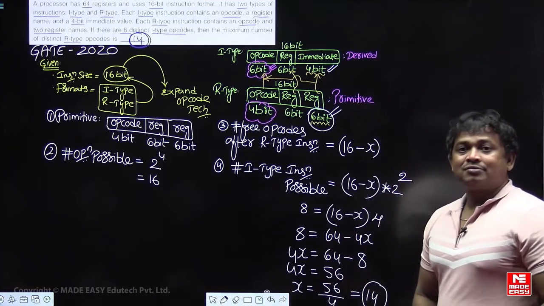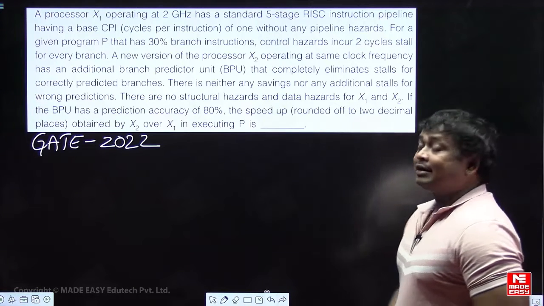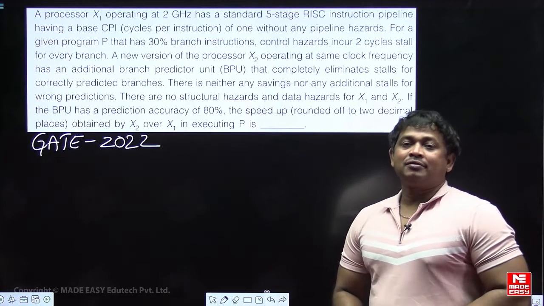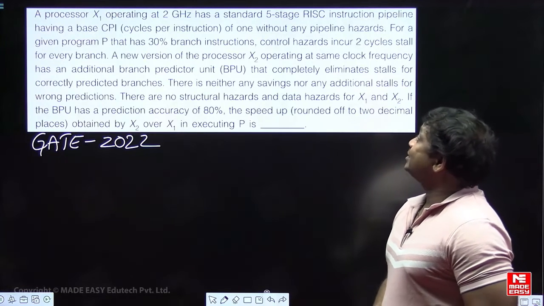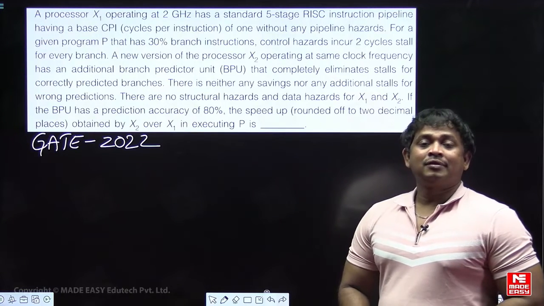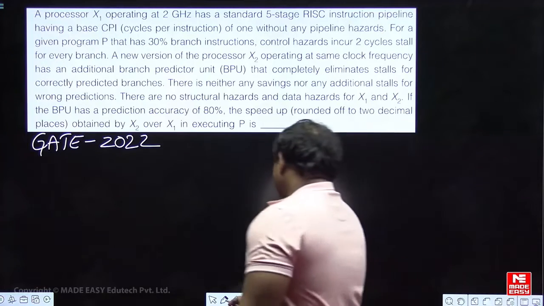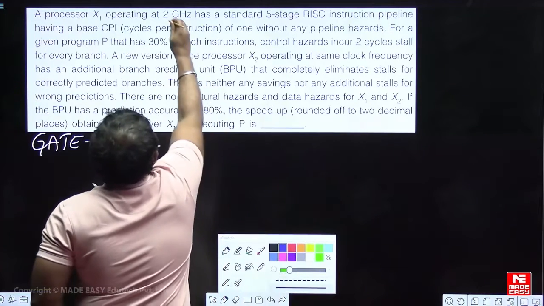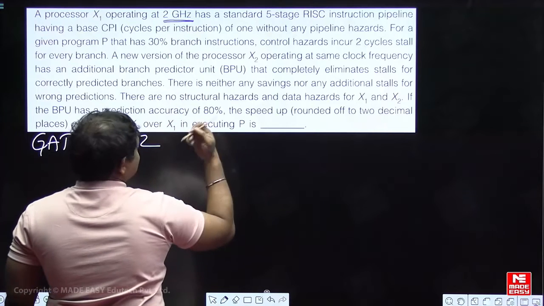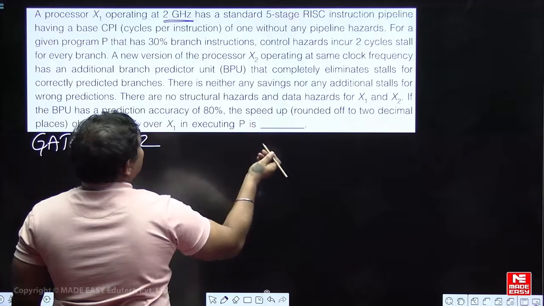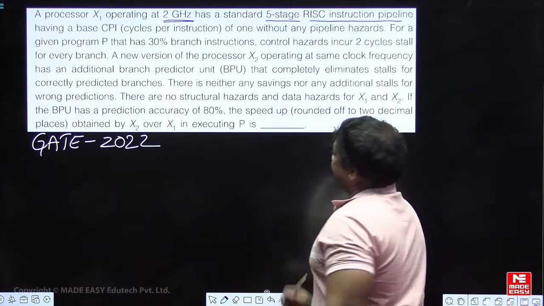Very good. In the question, a 5-stage RISC instruction pipeline is given, which is operating with 2 GHz clock frequency. So first we need to identify the cycle time. Here a 2 GHz clock frequency processor is given that has a 5-stage RISC instruction pipeline.